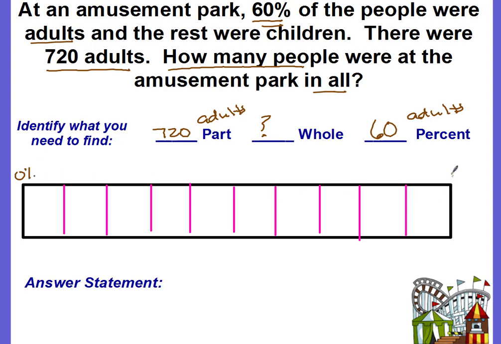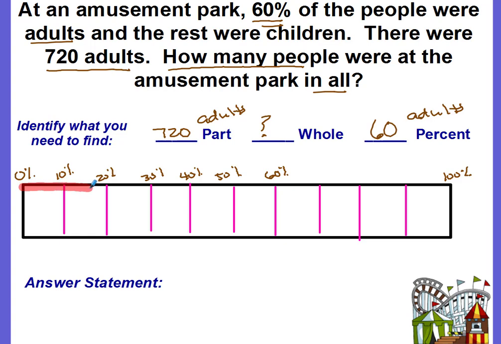Goes from 0% to 100%. And I need to go to 60% because that's how many were adults. So here's 10%, 20, 30, 40, 50, and 60%.